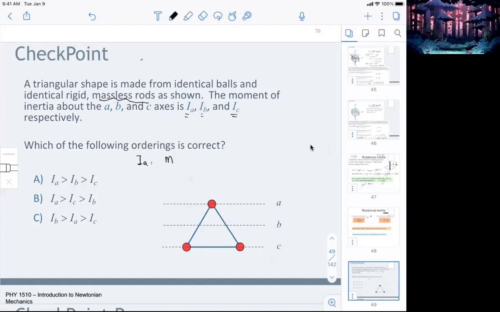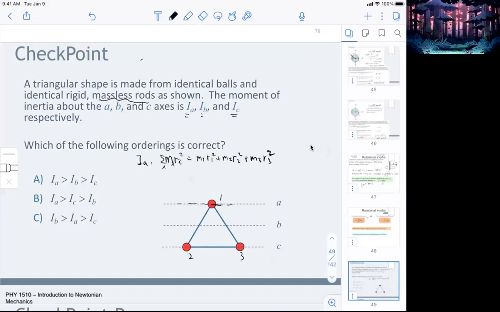So the masses, I'm gonna call them 1, 2, 3, okay? Rotational inertia is the sum of mr squared, which is going to be m1 r1 squared plus m2 r2 squared plus m3 r3 squared. So if you're rotating relative to A, obviously R1 is 0, because 1 is at the rotation axis.